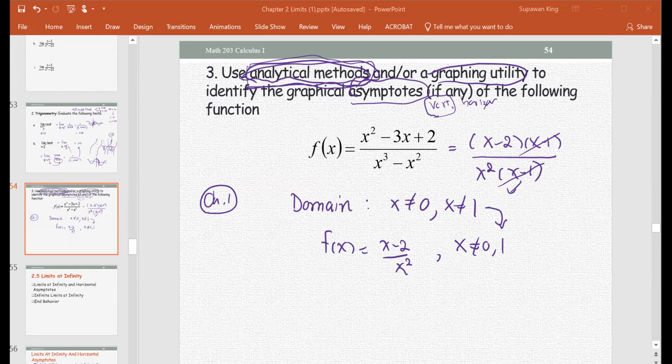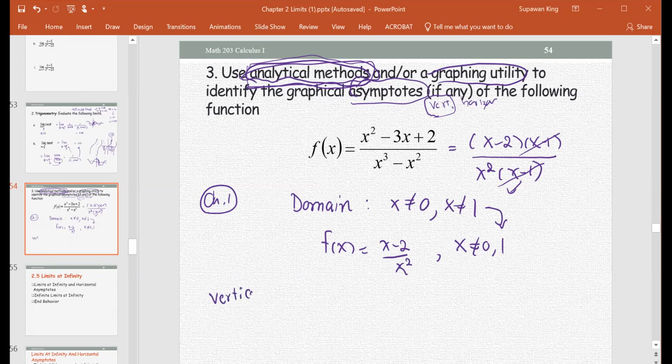The asymptote means that as x approaches that number, y approaches either infinity or negative infinity. No response. All right.